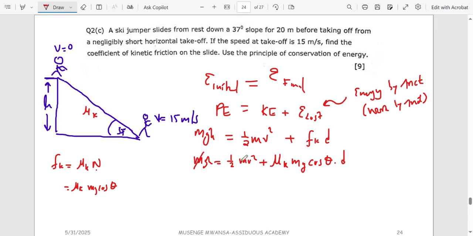Can you see that mass is common? That's why for this question we are not even given the mass. So g is 9.8. The height of the fall, do we know the height here? We are told there is a slope and a distance of 20 meters.